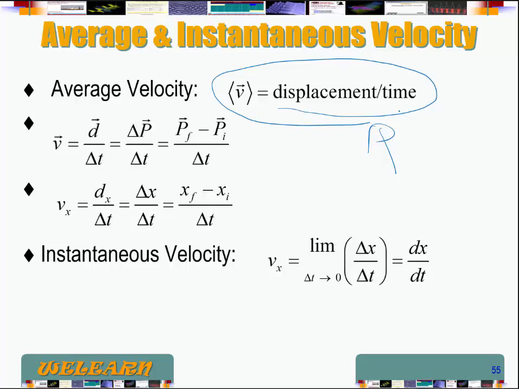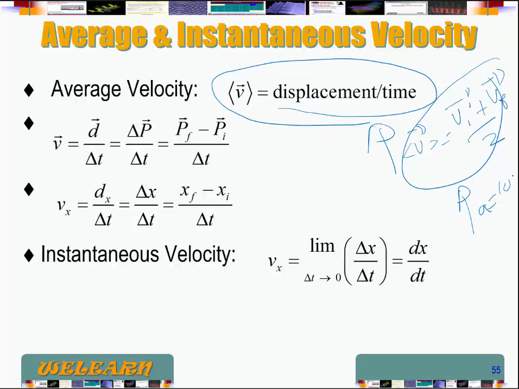When you have constant acceleration, you might be able to use the equation that says average velocity is equal to VI plus VF over 2. But this, you can use it only when a is constant. Be careful about that.